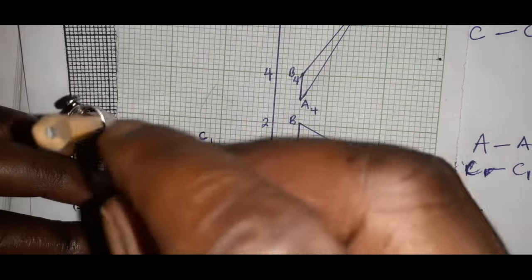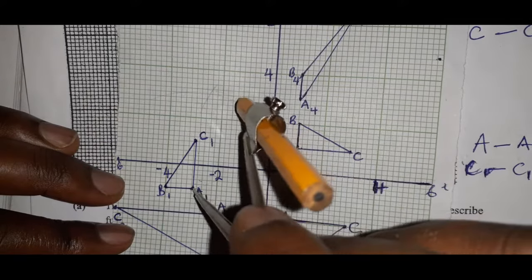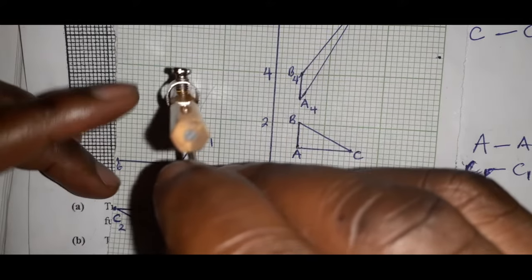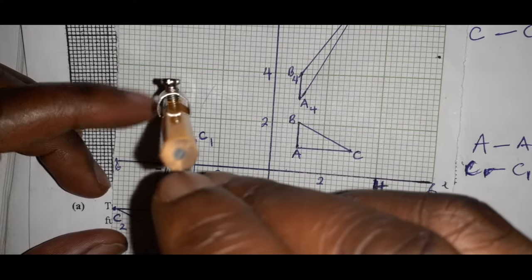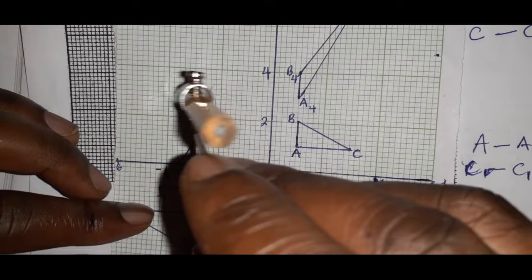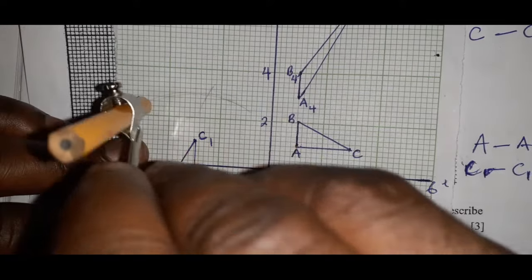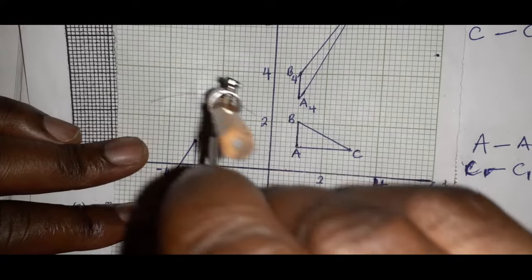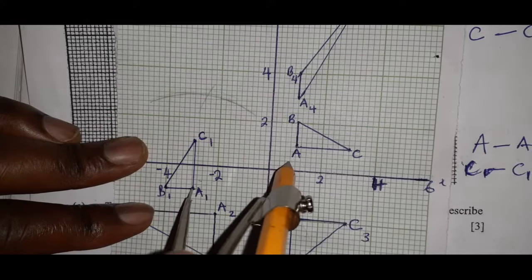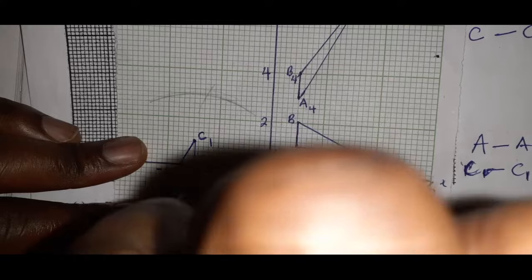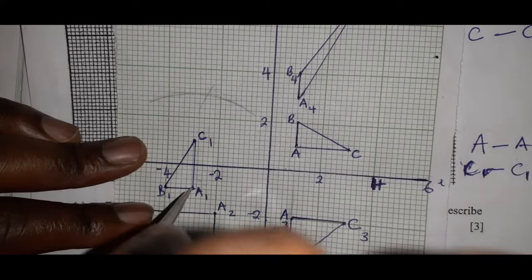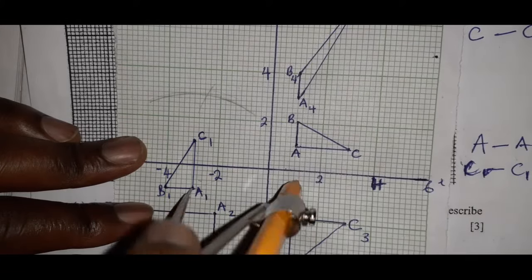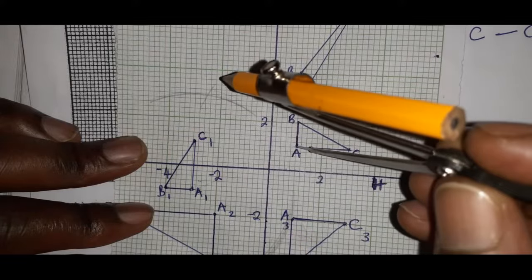So you construct an arc here. Construct an arc here. I hope you are able to see. Then you also do the same thing down here. Then you change, you come this side.